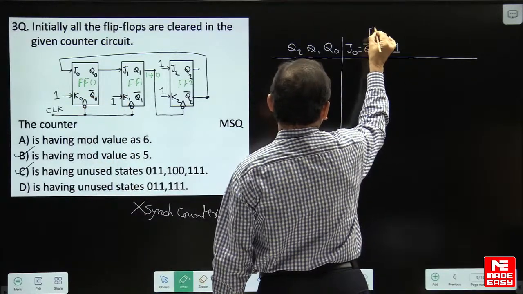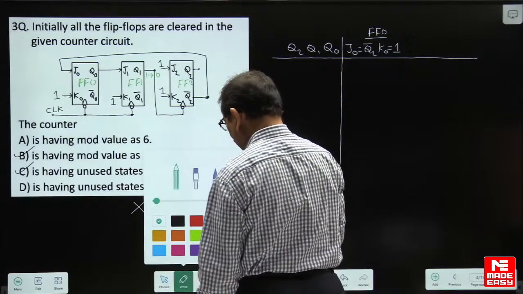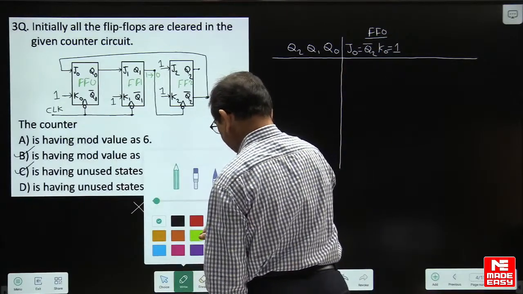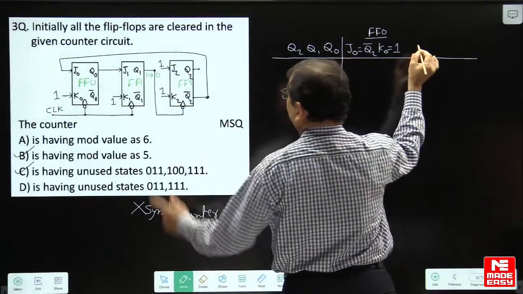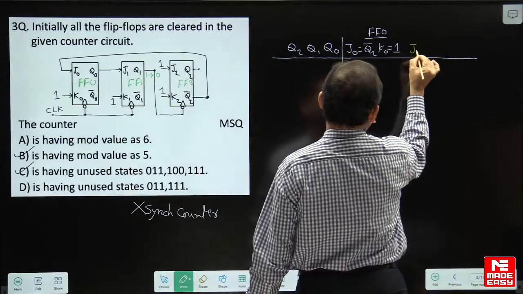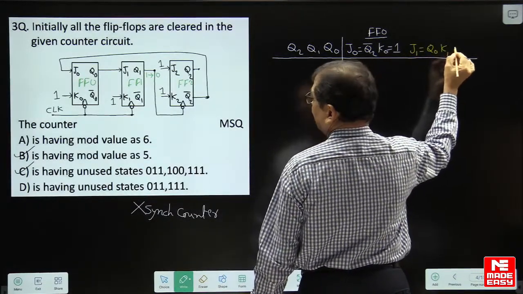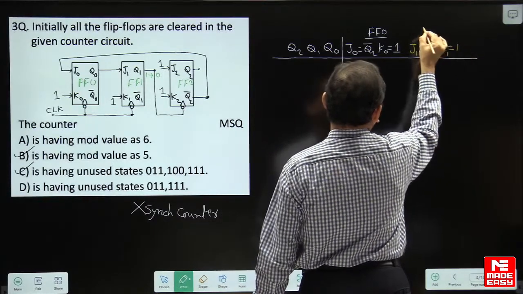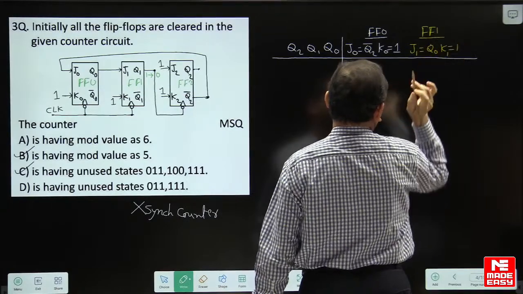So these are the inputs to flip-flop 0. And for flip-flop 1 inputs, if you look, J1 is Q0 and K1 is connected to 1. These are the flip-flop 1 inputs.